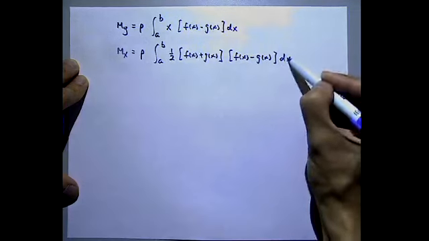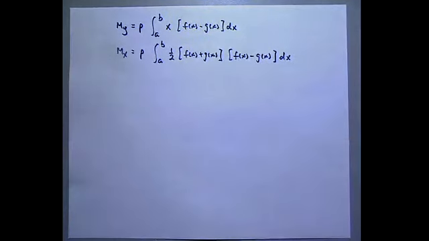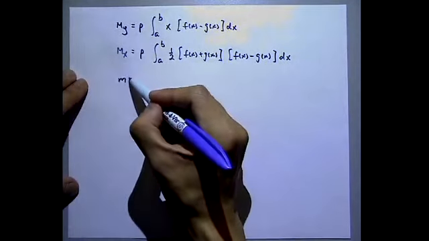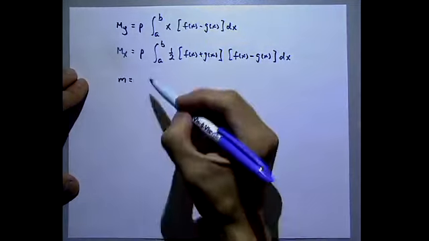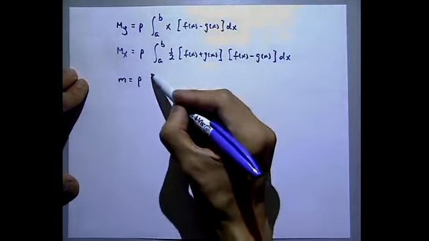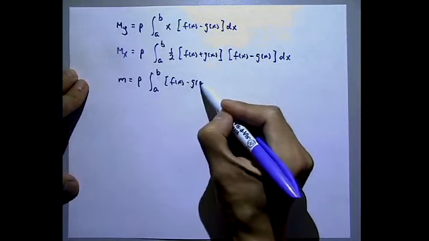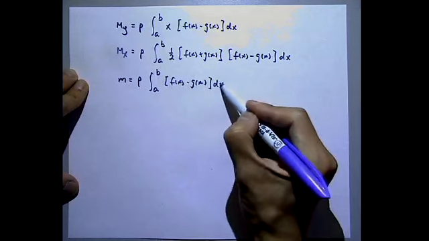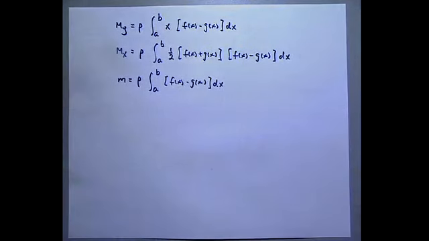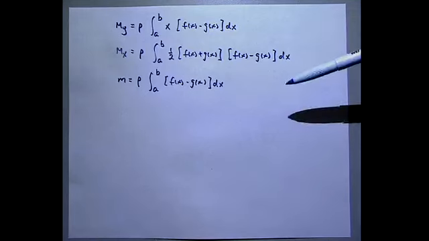So these two give us the moment about the x and the y-axis. And the mass, same thing. We'll pull out the constant rho. There we go. All right, so these are the moments and the mass.